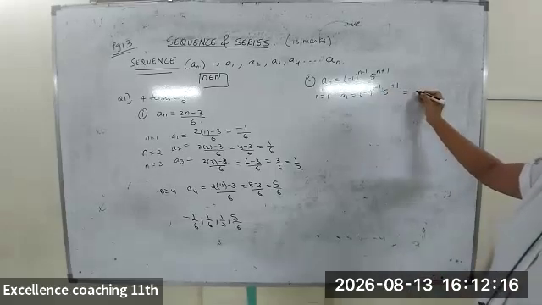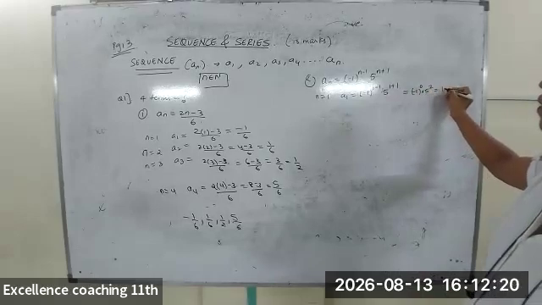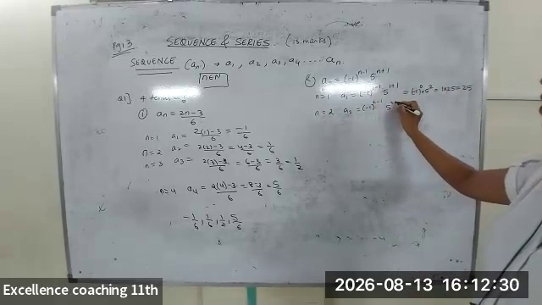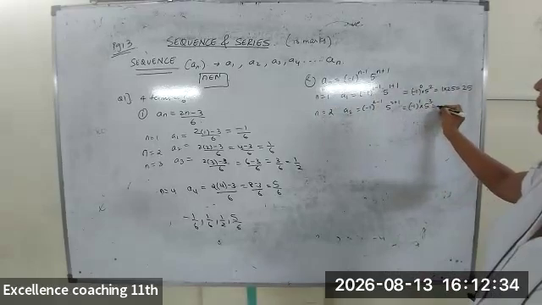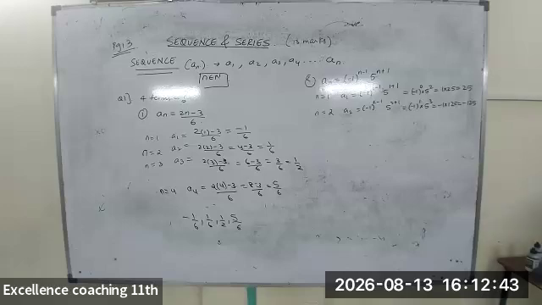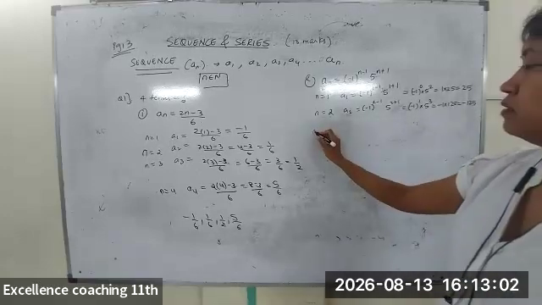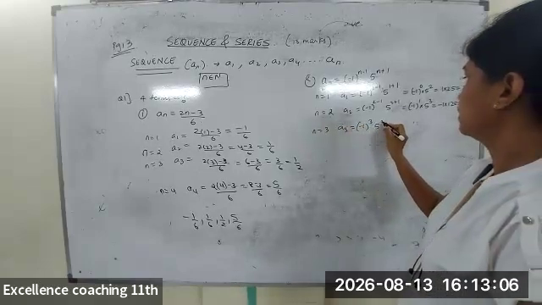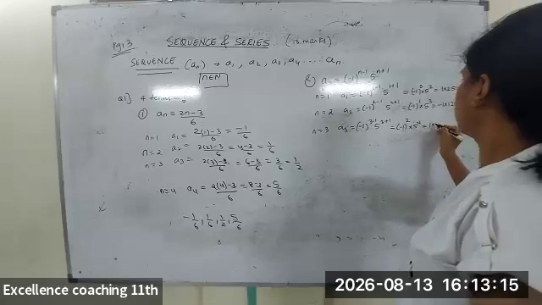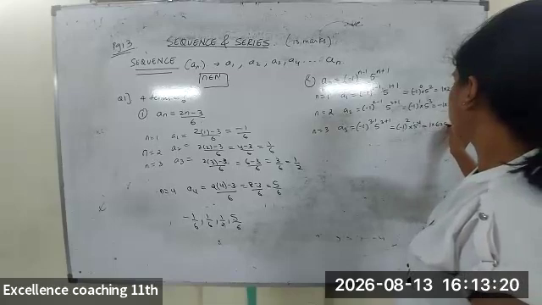Minus 1 raised to 0 is anyways 1. Minus 1 squared is 1. 125 into 5, it's 25.